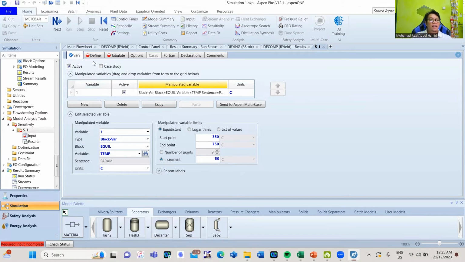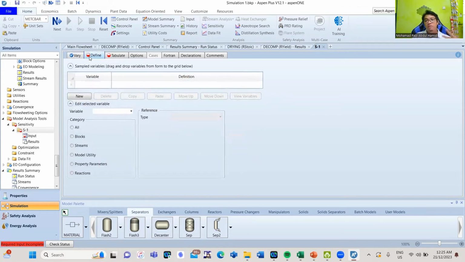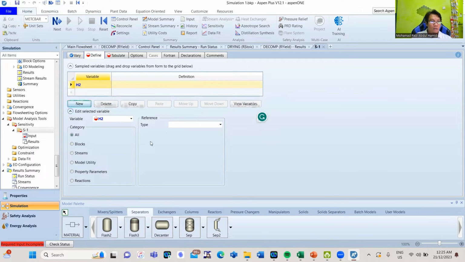Yes. Okay. Next, you define the manipulated variables that you want to see the effects of. So I'm going to write a lot, actually. The first variable is hydrogen gas. It is a stream.